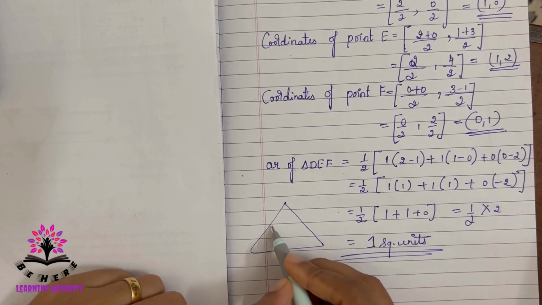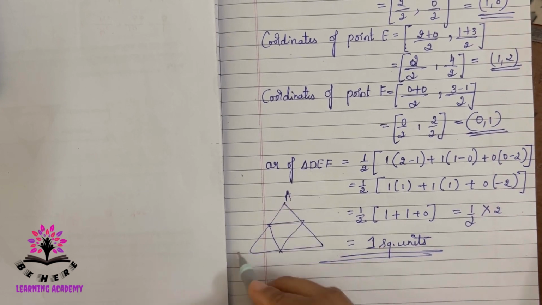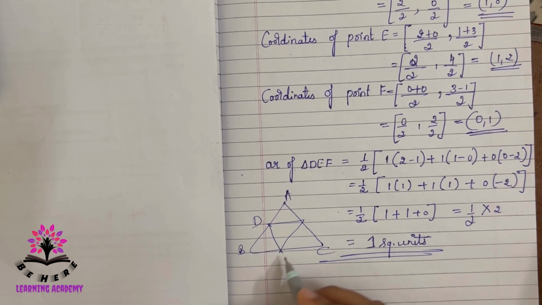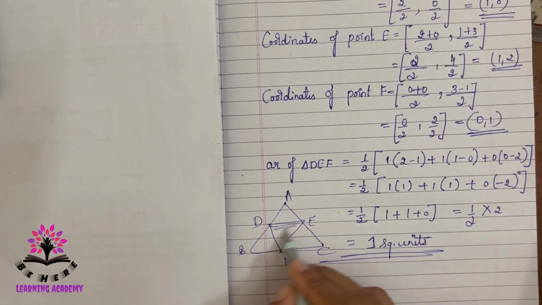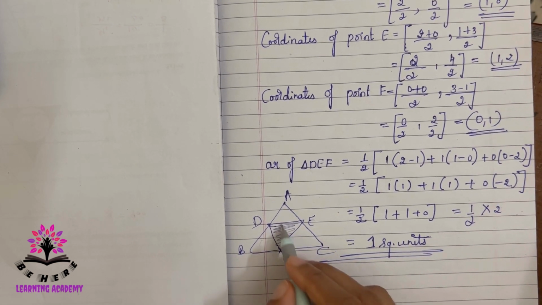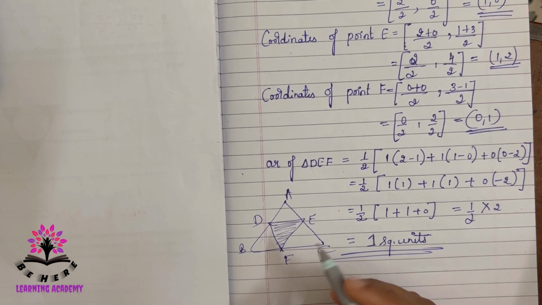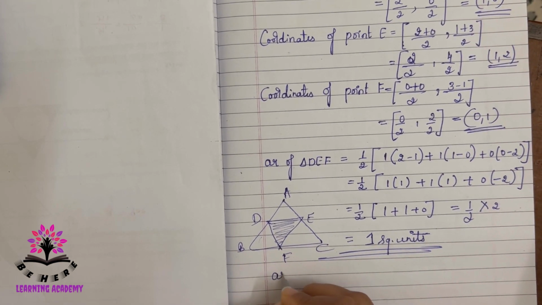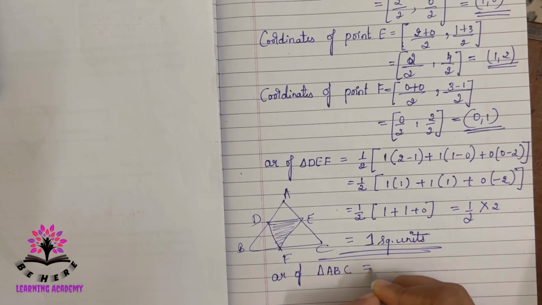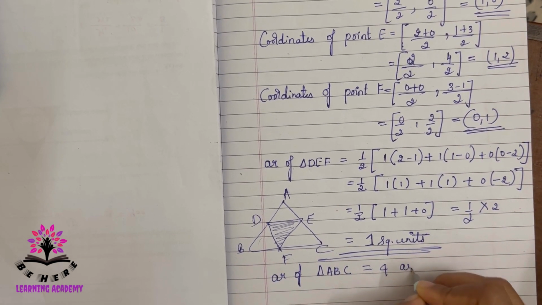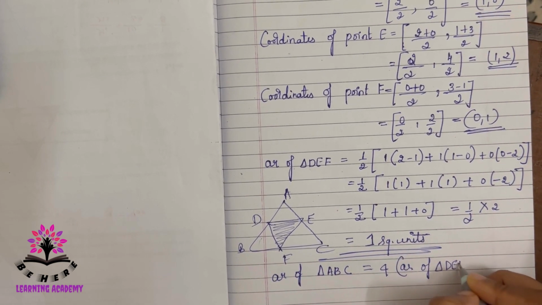I'll redraw the figure here. A, B, C, D, E, F. The total area was 4 and the area of this is 1. That means all the 4 triangles are equal. So let us give the conclusion statement here. Area of triangle ABC will be equal to 4 times the area of triangle DEF.